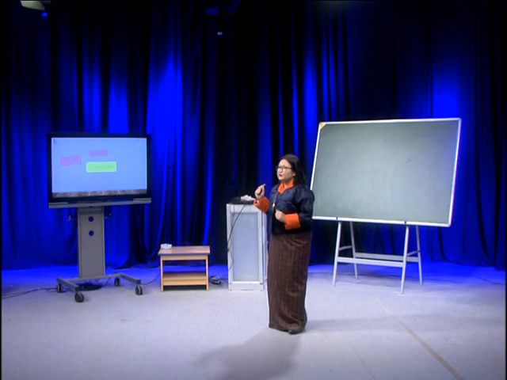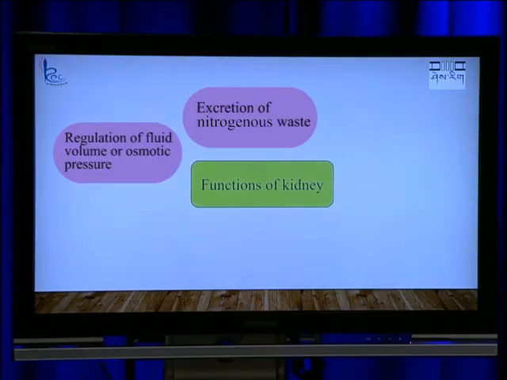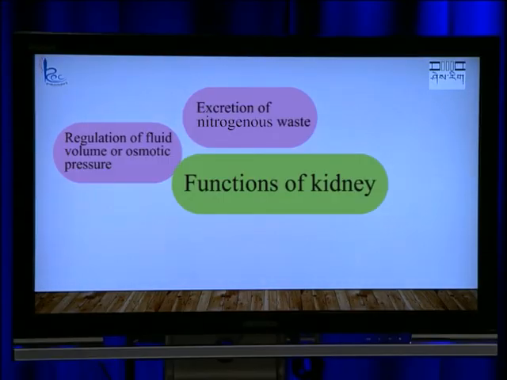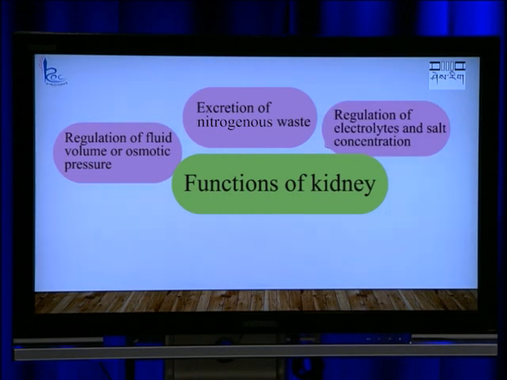Some of the other functions are: the kidney helps in regulation of fluid volume or osmotic pressure, especially through the process of reabsorption and tubular secretion. It helps in regulation of electrolytes and salt concentration, again that happens in the nephron during reabsorption and secretion.